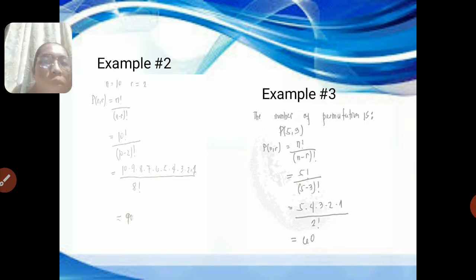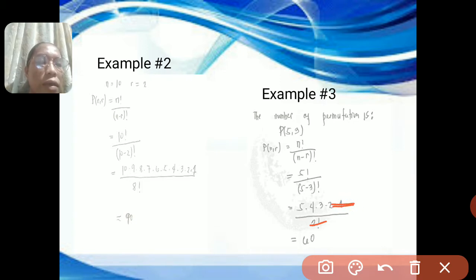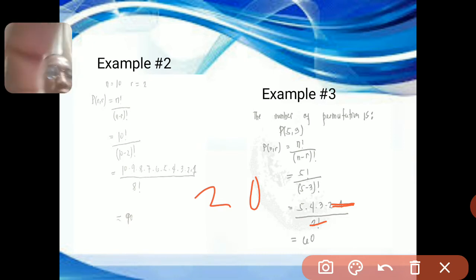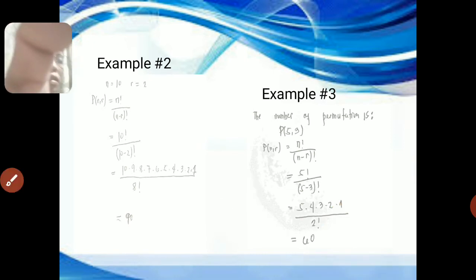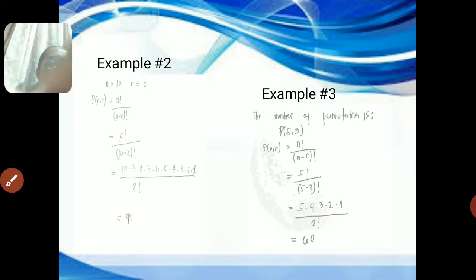So we need to cross out the 2 factorial. So what is left is 5 times 4 times 3. So 5 times 4 equals 20, and 20 times 3 equals 60. So 60 is the answer.